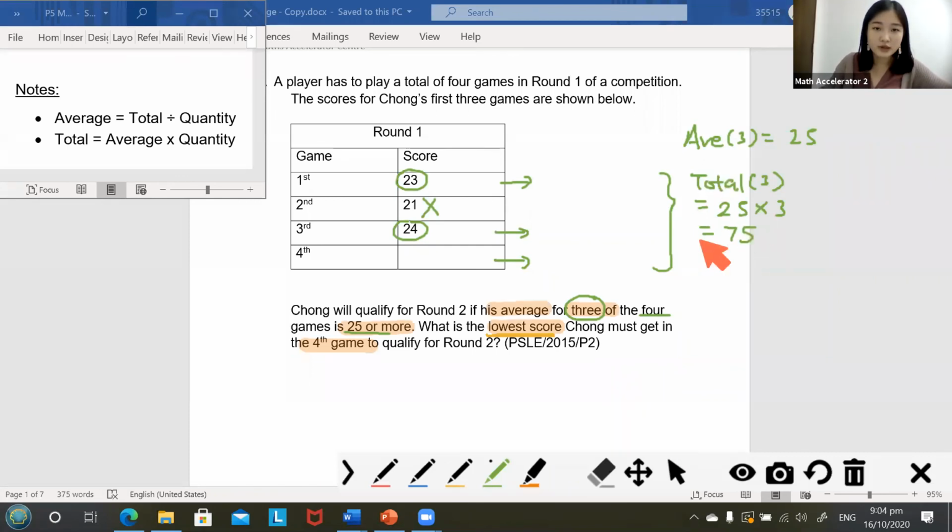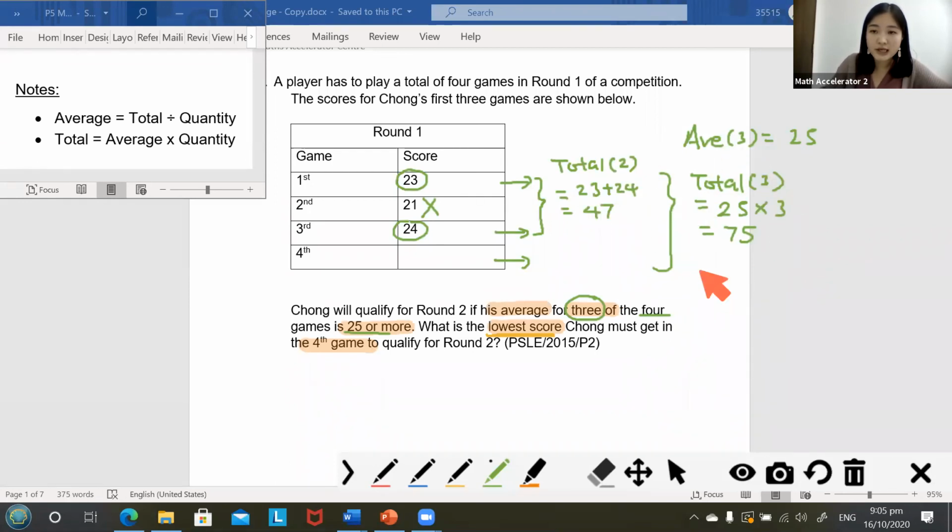Okay, so that's the total here. What is the sum of these 23 and 24 here? Which is the total of 2 games. 23 plus 24. 47, okay, thank you.